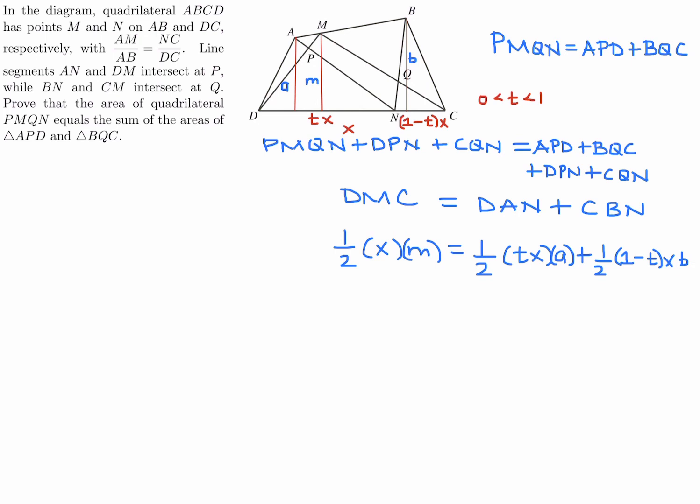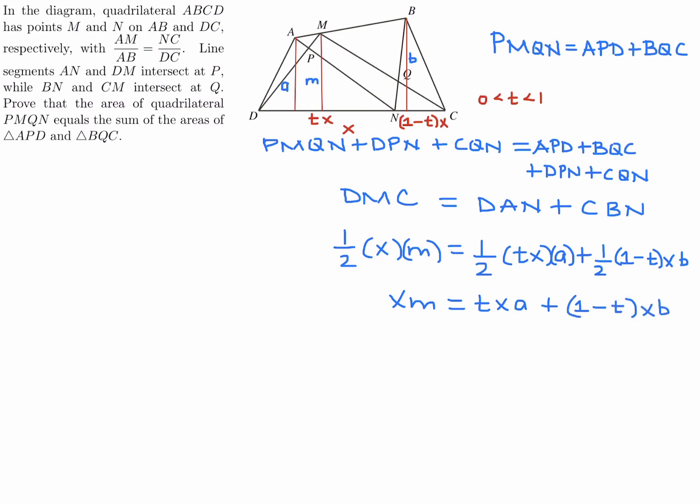All right. Now let's try to simplify this. First thing you can do is get rid of all the halves, and that'll just give you xm is equal to Txa plus 1 minus Txb.